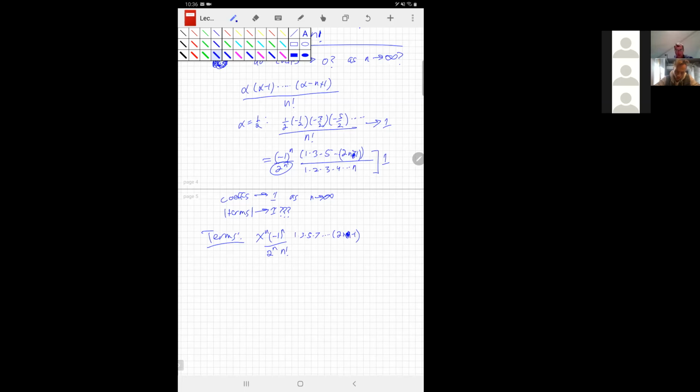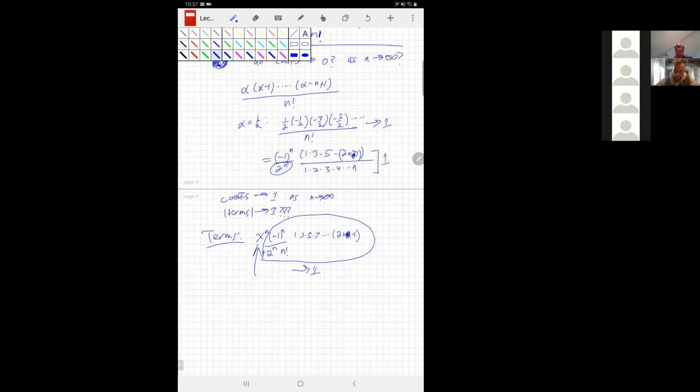So all of this stuff here is approaching 1. X to the n. As n goes to infinity, what does x to the n approach? It depends.